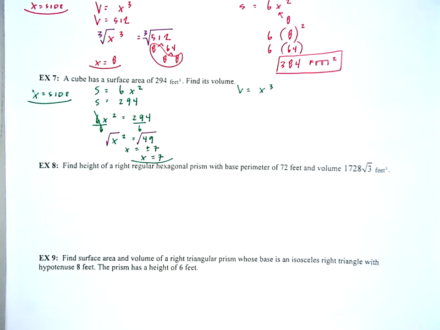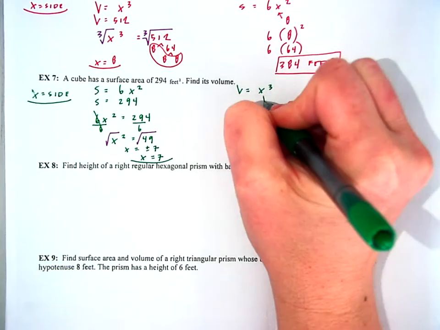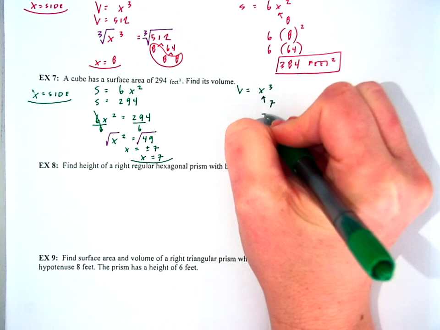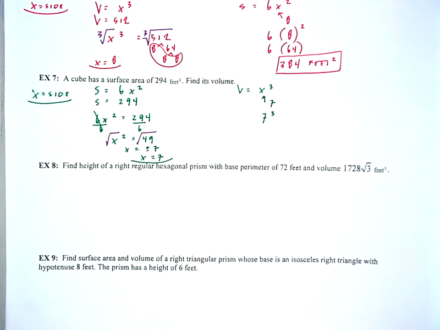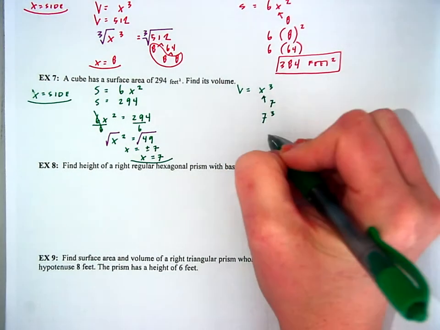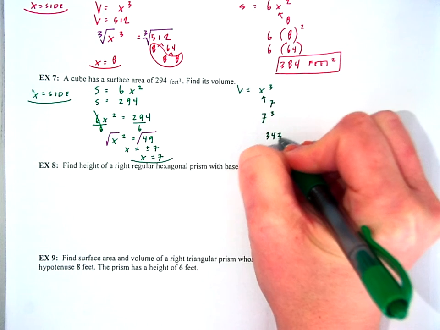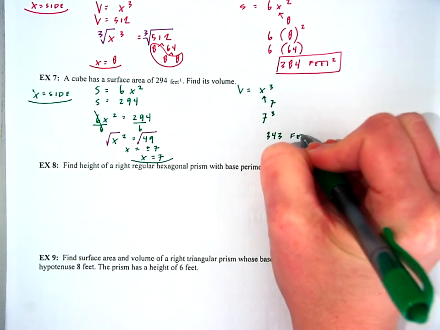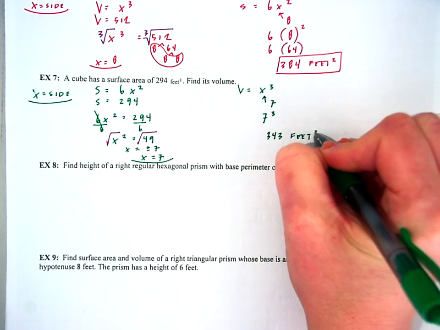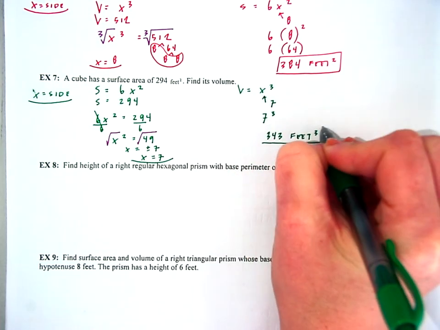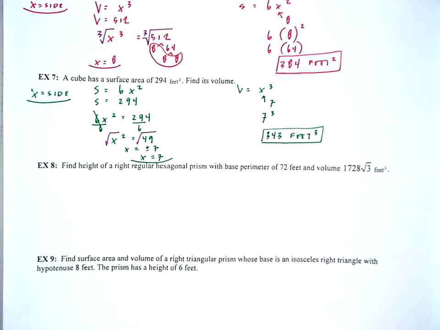So my side length has to be 7, and that's what I'm plugging in right here. So 7 to the third power, 7 times 7 times 7, gets me 343 square feet. No, not square, cubic feet, it's volume. So surface area will always be units squared, volume will always be units cubed.